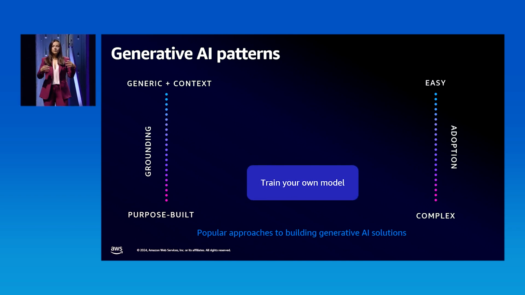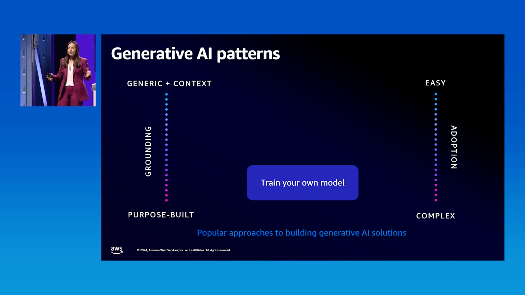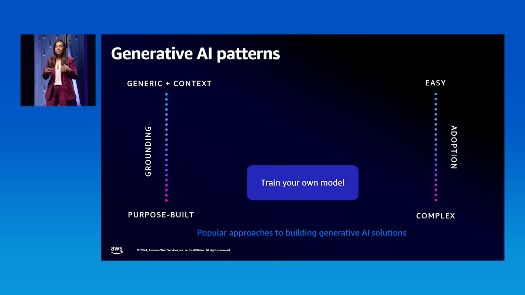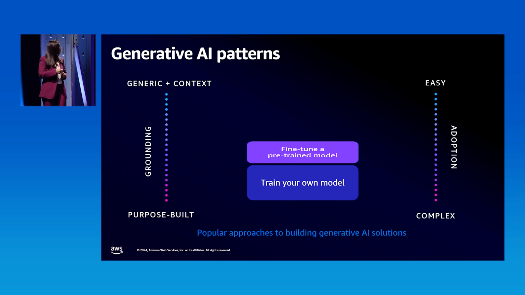The first pattern is to train your own model. So this is a really custom-made solution. On a vast amount of domain-specific data, we are training a model to perform a specific task. A good example here might be BloombergGPT, an LLM trained on financial data to perform financial tasks.